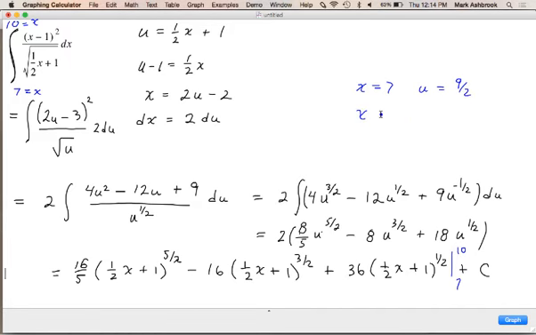And when x is 10, u is 6. So rather than switching back into x, we could have just taken this one in terms of u and integrated from 6 to 9/2. We'll get the same amount of change by doing 9/2 and then 6 and subtracting. 9/2 to 6, other way around? Thanks.